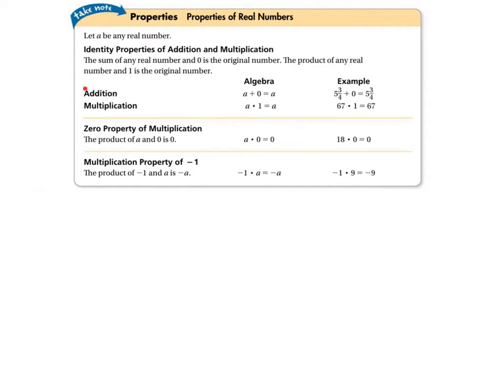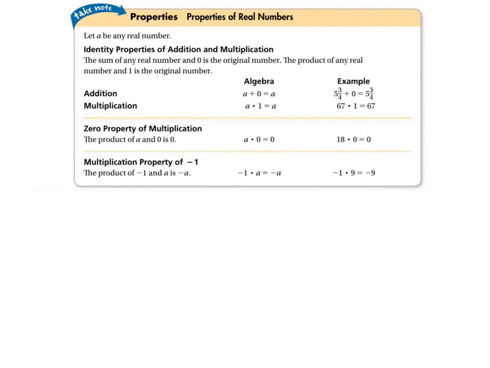Check it out. If you add 0 to some number, you still get that same number, okay? 5 3/4 plus 0 equals 5 3/4. We saw that in the very first set of problems we were talking about, okay? Identity property, it maintains its identity as the same number.